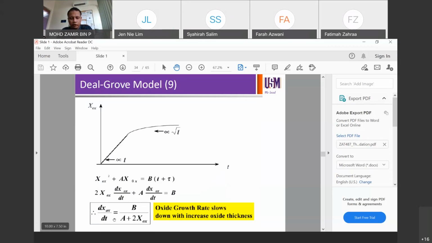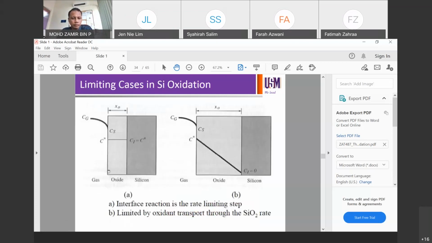So your dX/dt of your oxide thickness is given by B over A times 2 times oxide thickness. This one will become clearer if you do the calculation later on. So this Deal-Grove growth model can also be represented as this, if you like.